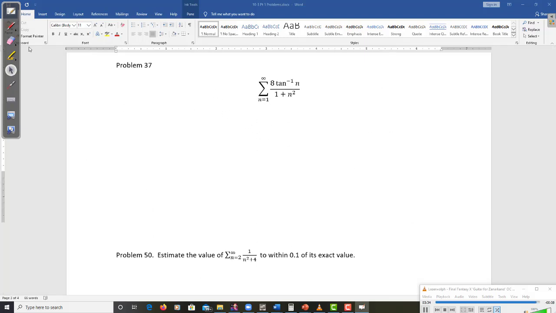Alright, last of our convergence or divergence problems. Let's look at this. We have 8 inverse tangent of n over 1 plus n squared. This is a uniformly positive function. As for whether it's uniformly decreasing or not, I guess we can look at this graph. That's probably the easiest way to evaluate that.